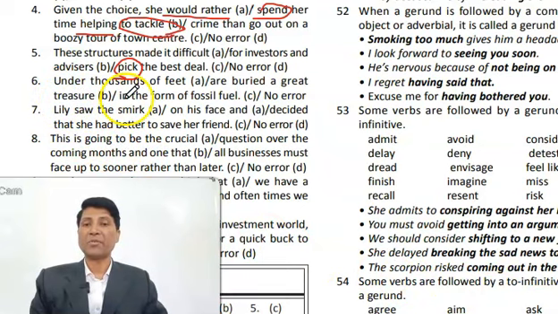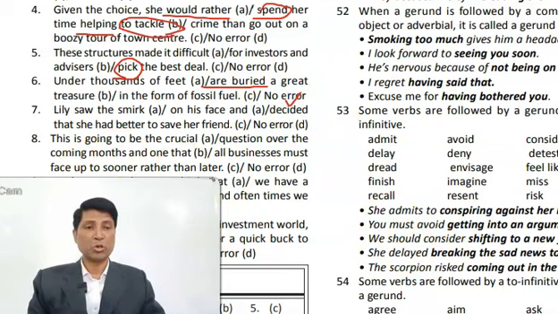Under thousands of feet are buried a great treasure in the form of fossil fuel. So we do not have any problem here. No problem, because are is not followed by here, so there will be no error.